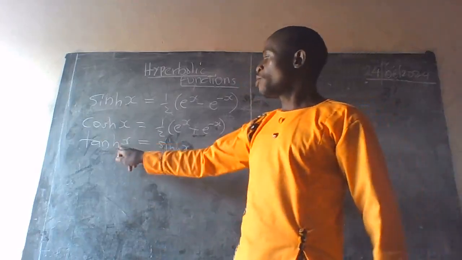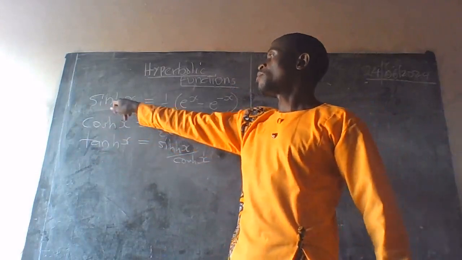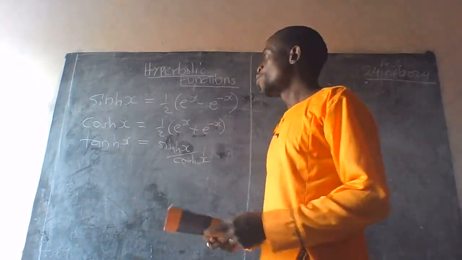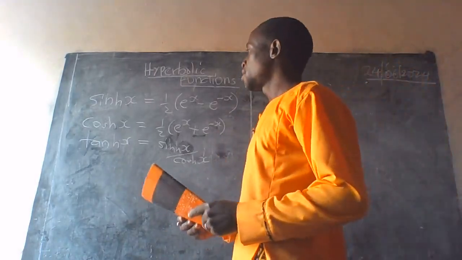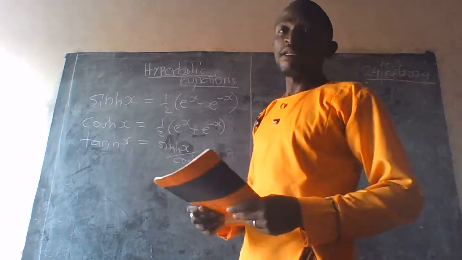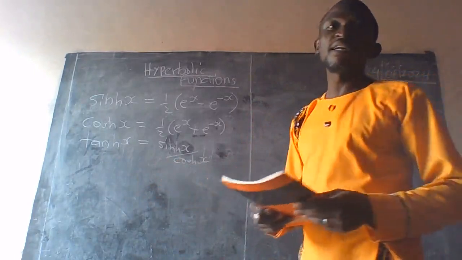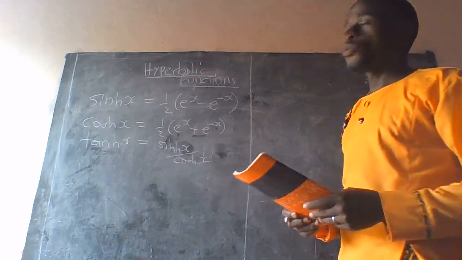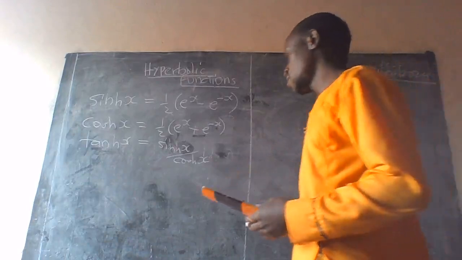So this is hyperbolic tangent, this is hyperbolic cosine, this is hyperbolic sine. You can take your time to look at page 3, and as you do, we want to do some manipulations here and there so that we can see how the values vary with respect to x.